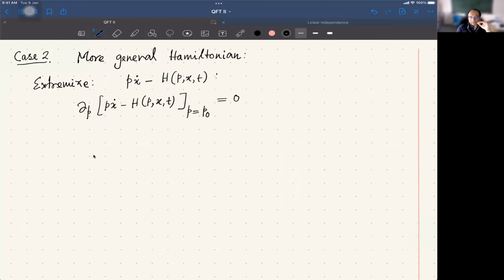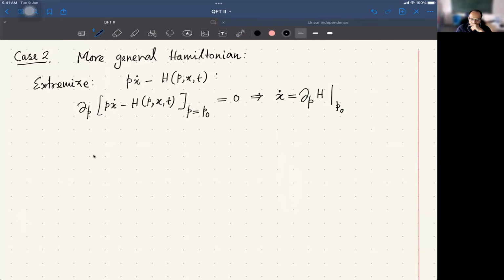So p0 is the value of p at which this function is extremized. The first term, if you take the derivative, is just x dot, and the second term is del h by del p. So this means that x dot is equal to del_p of h at p0.